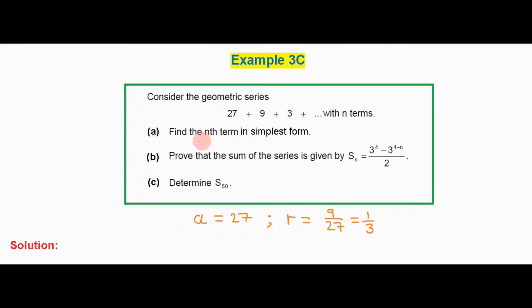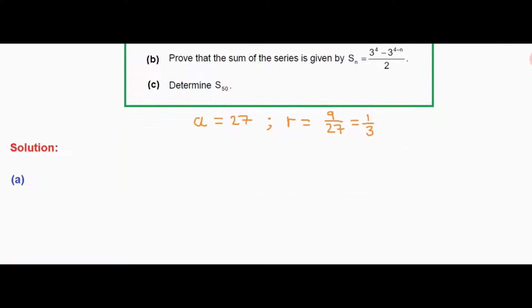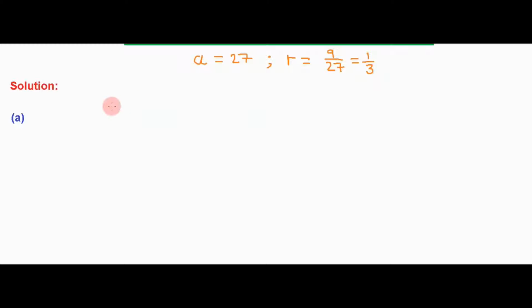And just to note that the nth term is the same as the general term. So we're going to use the formula T sub n. So T sub n equals A R to the n minus 1. And we substitute in A and R. A is 27, R is a third.